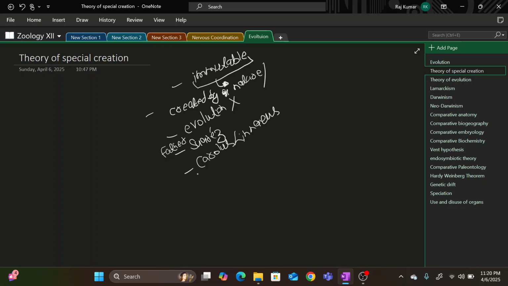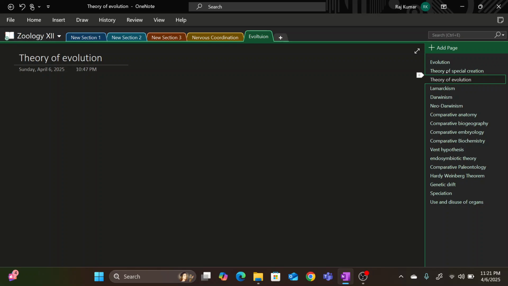But again, there are certain theological thoughts that this theory is based on a belief which is irrespective of the scope of science, due to which this theory should not be disputed at all. And the last thing is that the proponents of this theory are known as creationists. Right, let's move on to the next one.